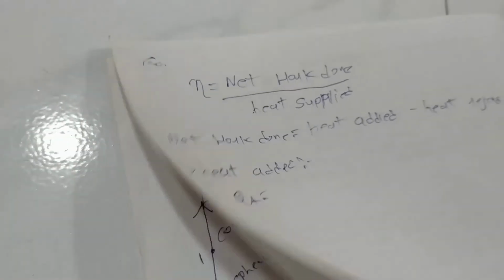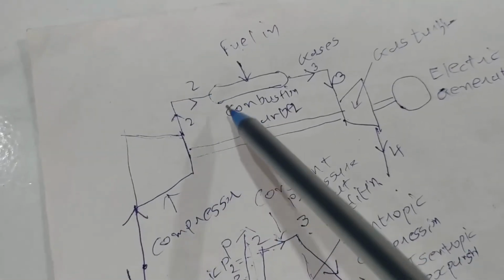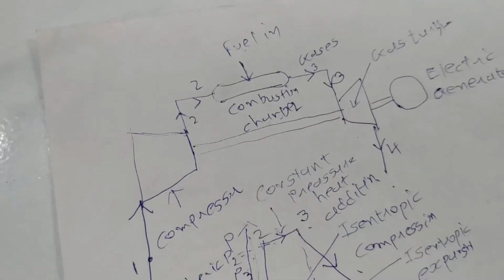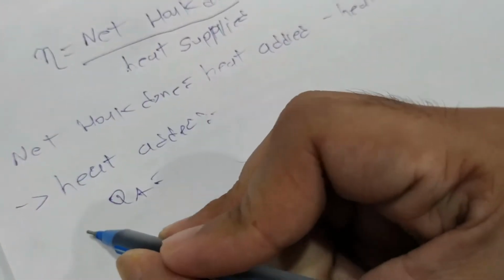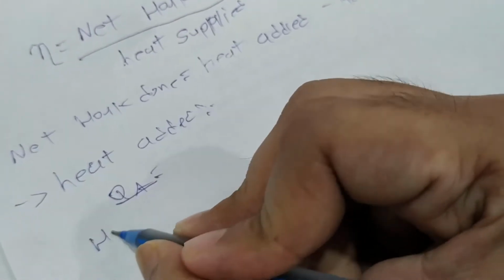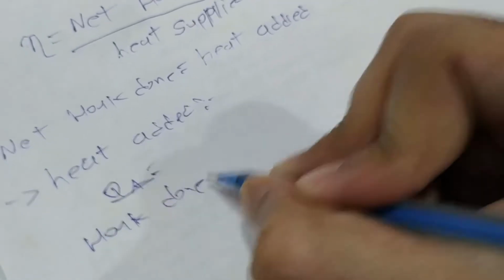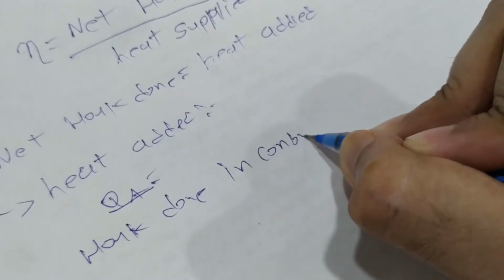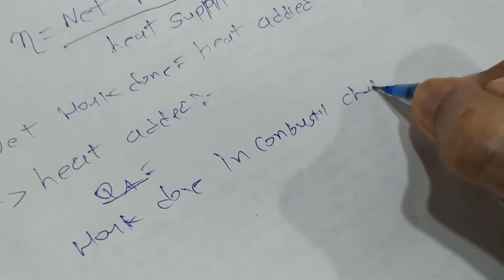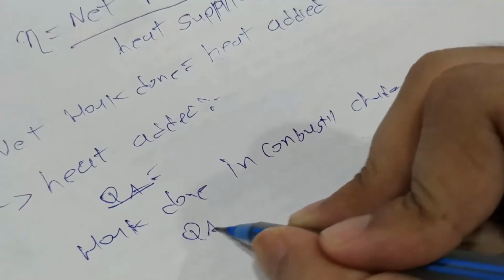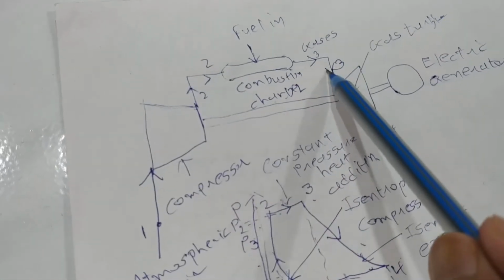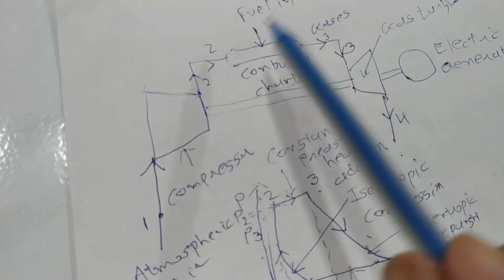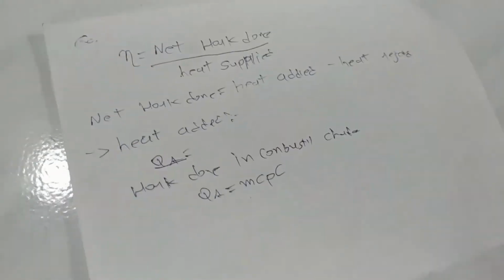Heat added occurs in the combustion chamber, which is process 2 to 3. So I will write here m Cp, and during the combustion process T3 is more than T2, so I will write T3 minus T2.